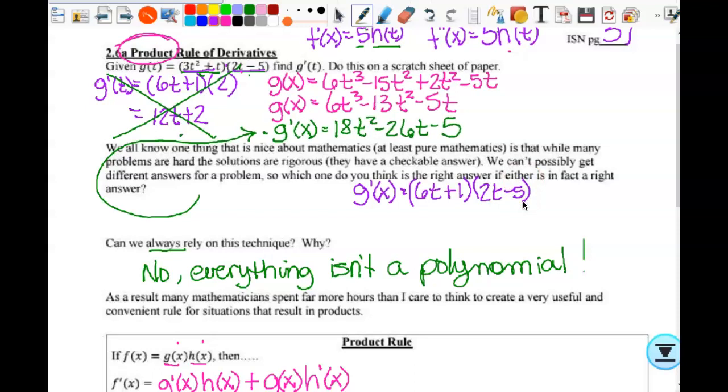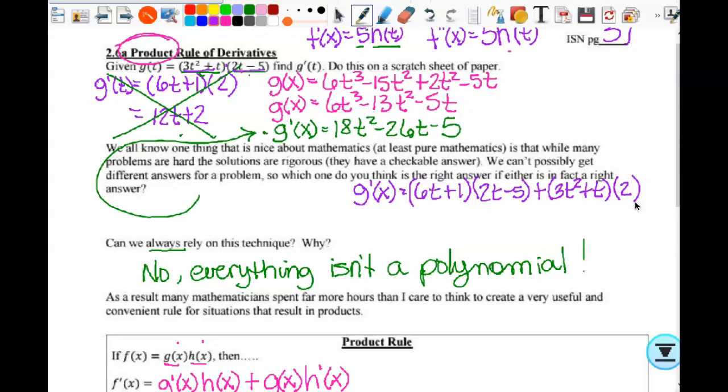Y'all agree with that? Plus the first, which is 3t squared plus t, times the derivative of the second, which is just 2.